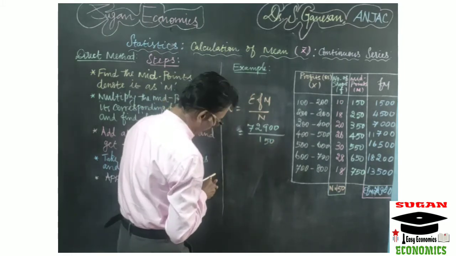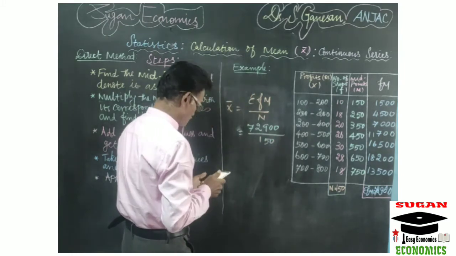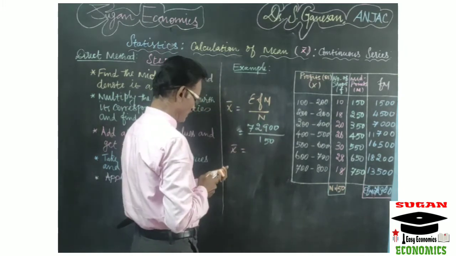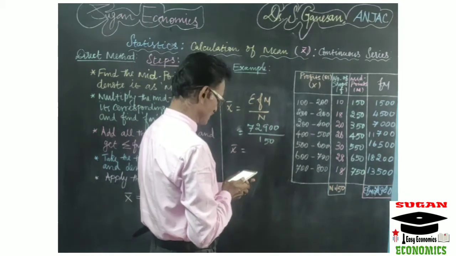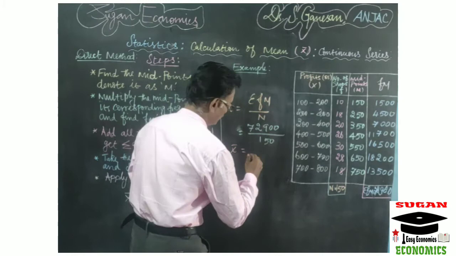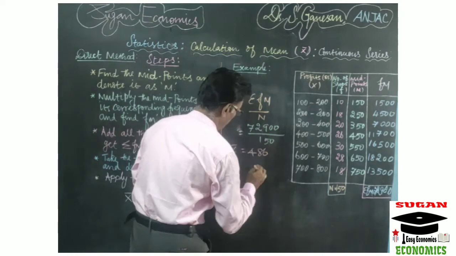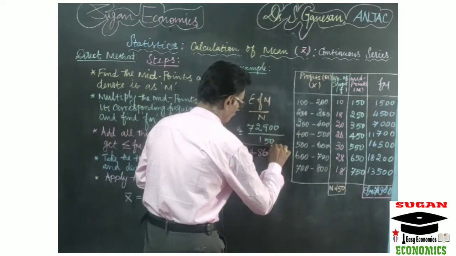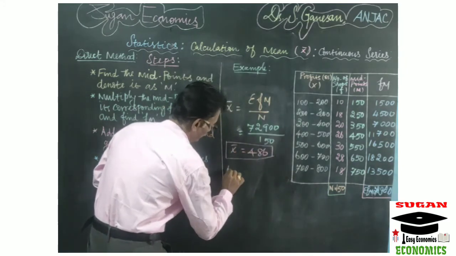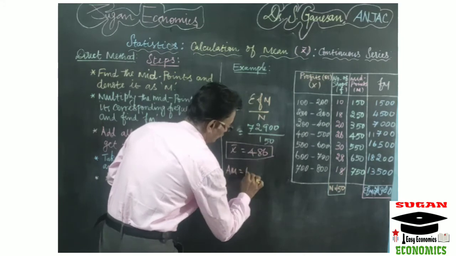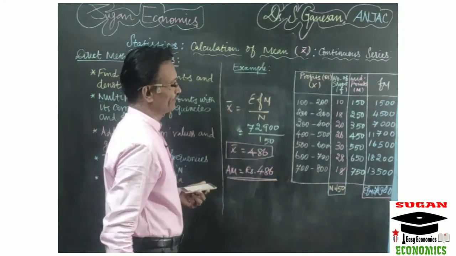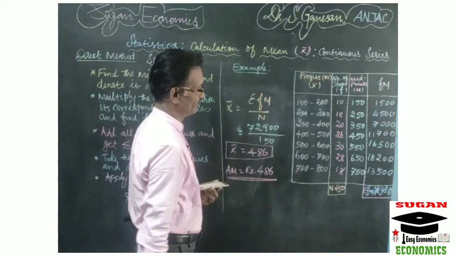So that is equal to 486. So x bar equals rupees 486. So arithmetic mean is equal to rupees 486. Are you clear? So in this manner we have to calculate.